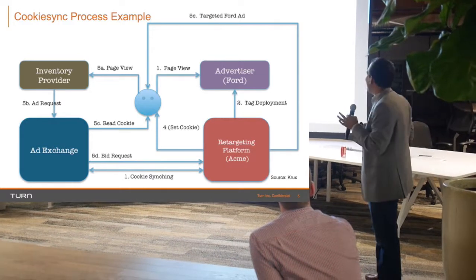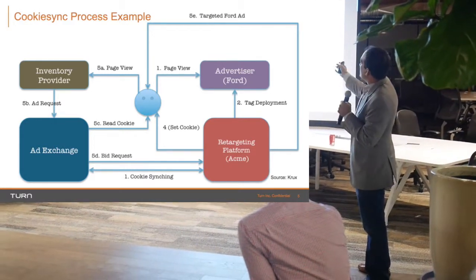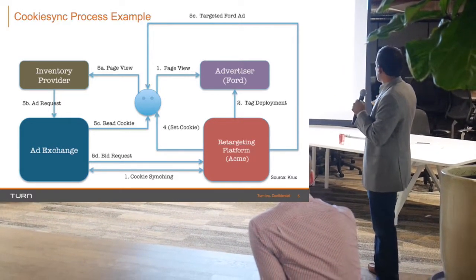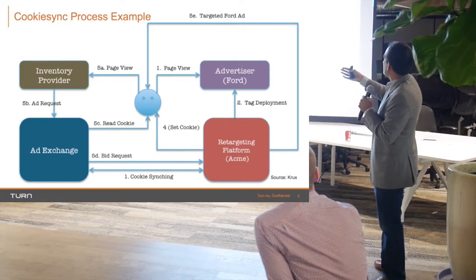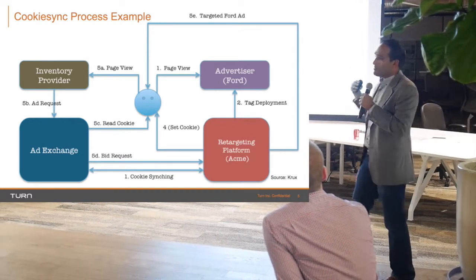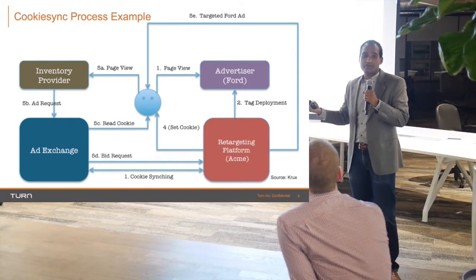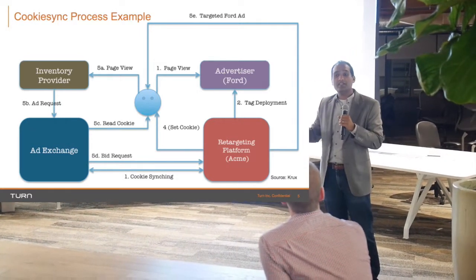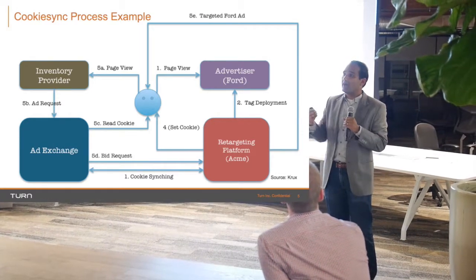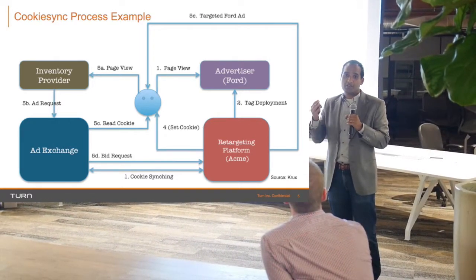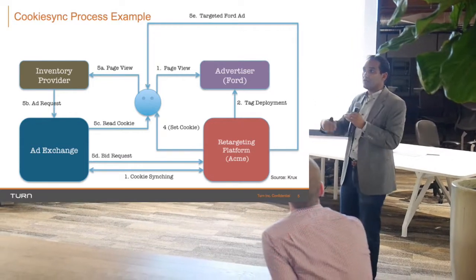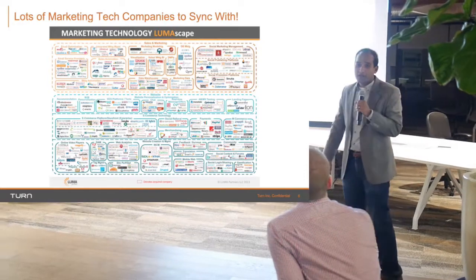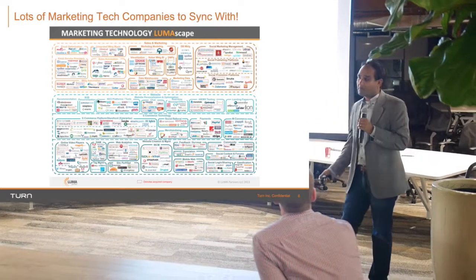So what's happening is, there's a bid request, there's cookie syncing between the ad exchange and a player like Turn, and then there's the inventory provider, there's the advertiser, and when the page loads, there's a bunch of fires going on, and that's what the Ghostery thing is showing. There are cookies being set, there are multiple IDs being fired, so that we all know at that time that this user is Spot Exchange ABCD and Turn ID 1234. And there's a lot of people to integrate with and to sync with, and this is the problem.